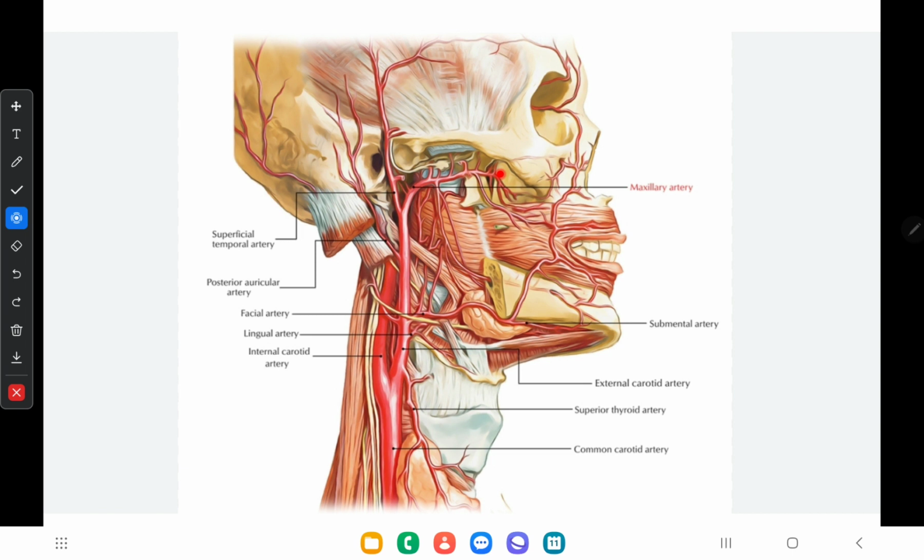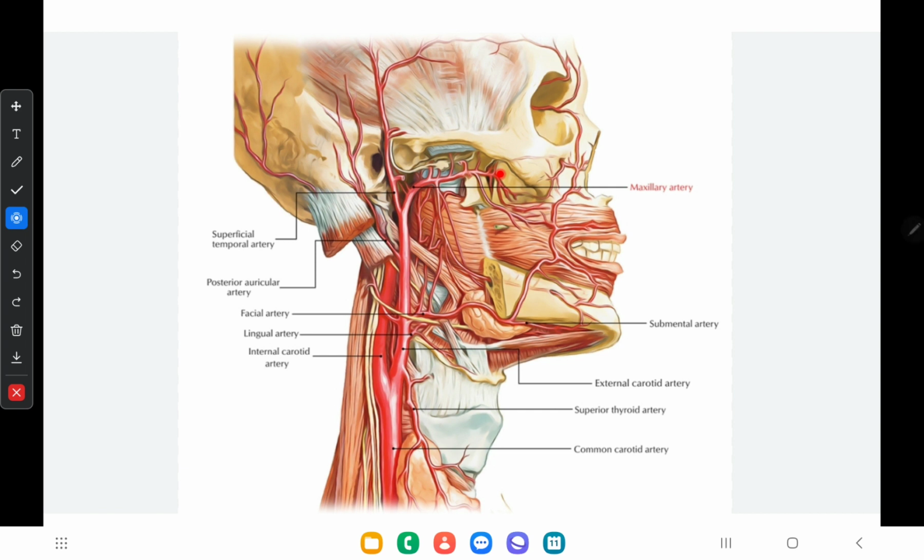The maxillary artery begins behind the neck of the mandible in the substance of the parotid gland, as I told you previously. It divides into three parts. The first part and the second part are located in the infratemporal fossa, while the third part is located in the pterygopalatine fossa.